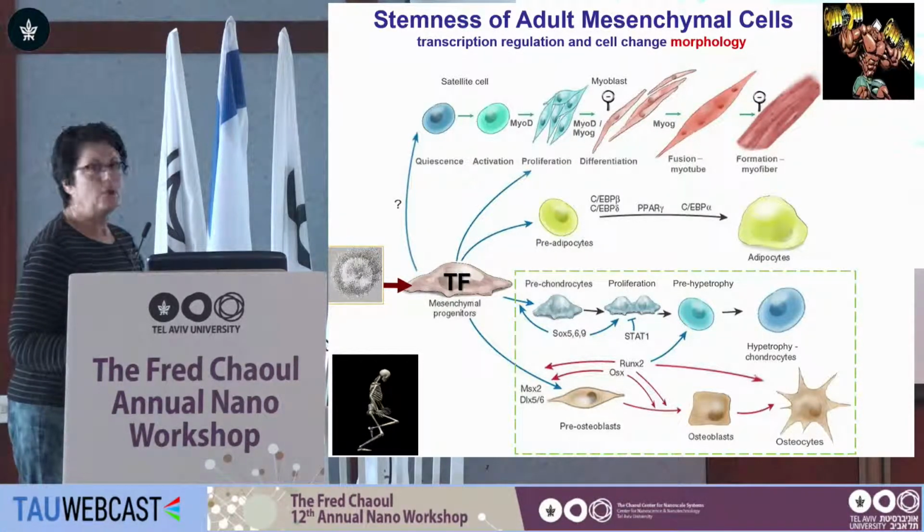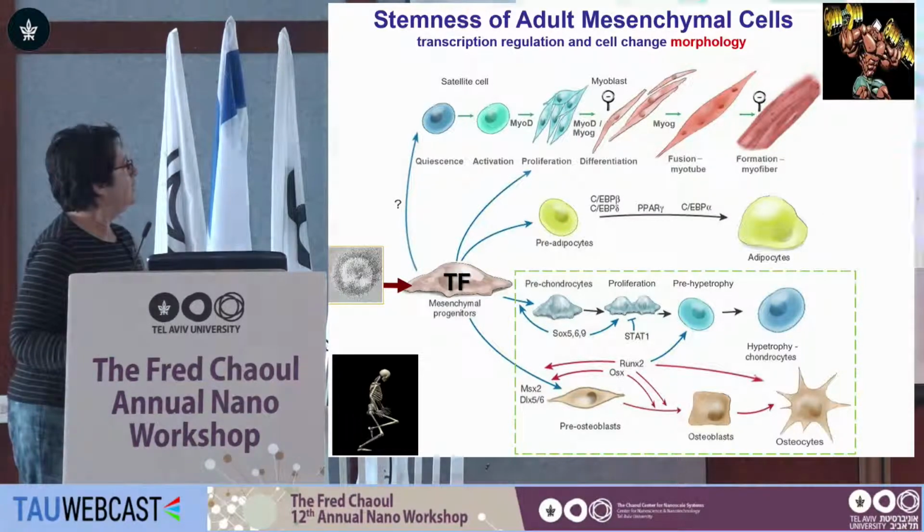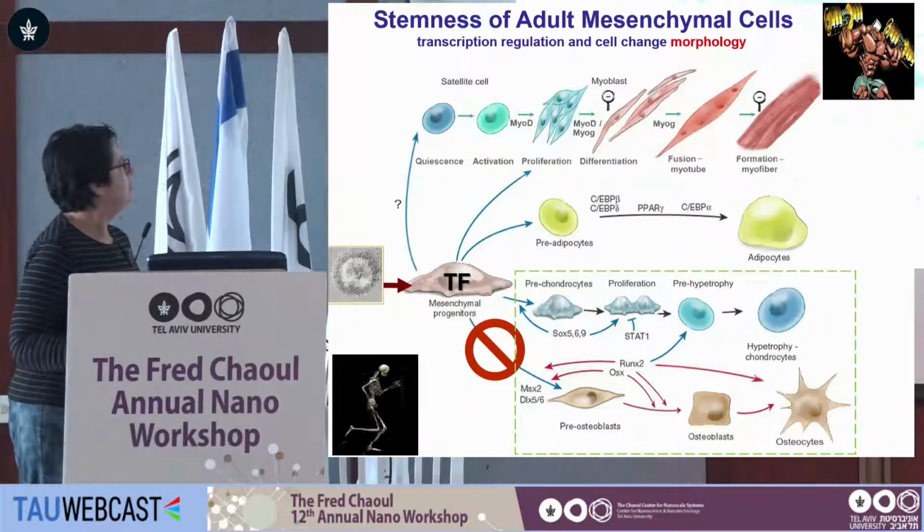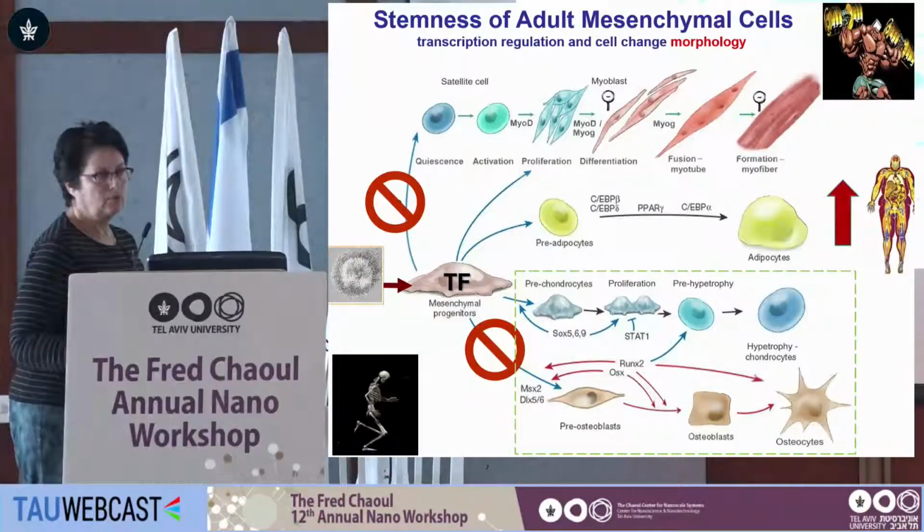However, these are the normal pathways. If something goes wrong, we see in vivo that if there is less differentiation into osteogenic or myogenic, we will get more adipose tissue in our body.